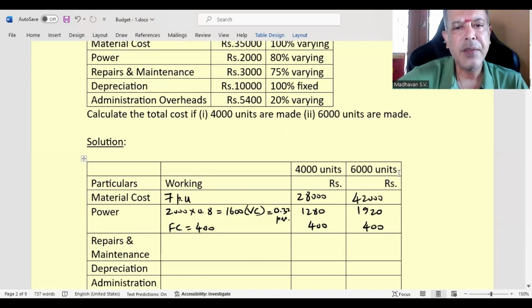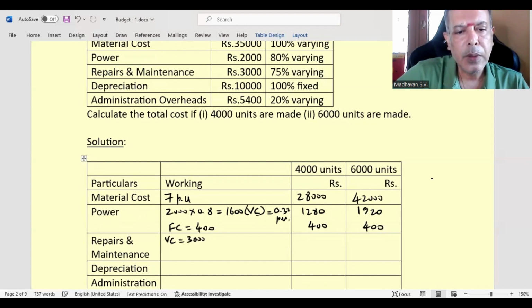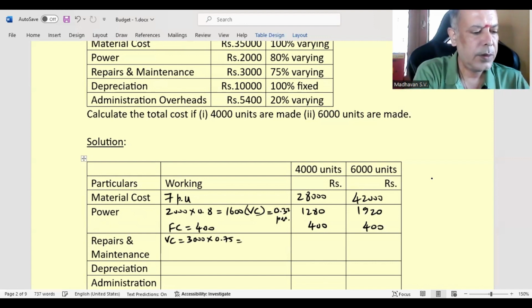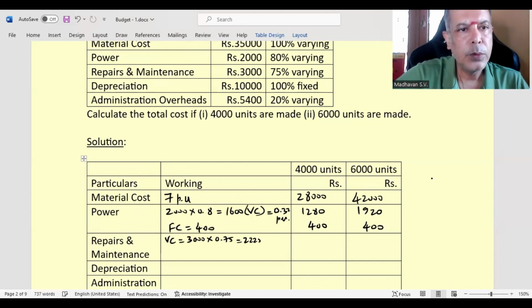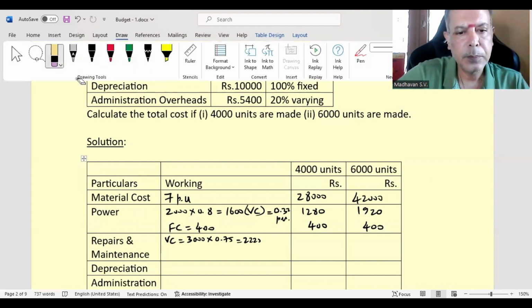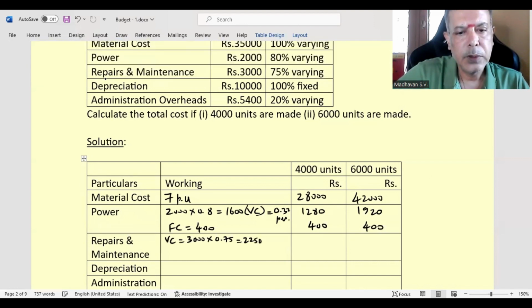Repairs and maintenance, they say 75% varying. So variable cost will be 3,000 into 0.75, we get 2,250. Which means per unit it will be divided by 5,000. Per unit it will be 0.45.